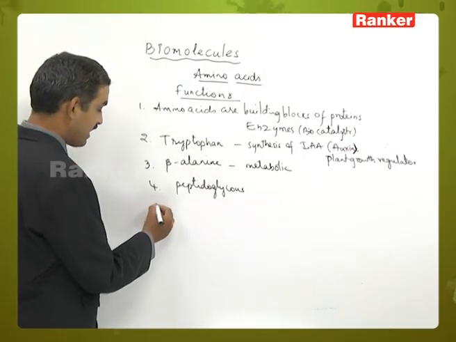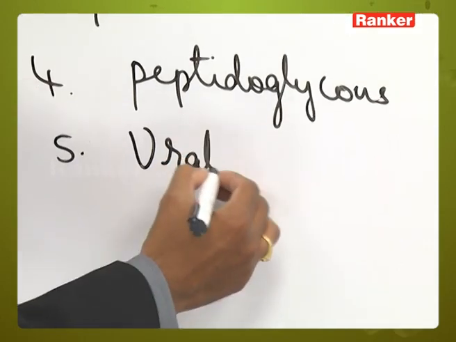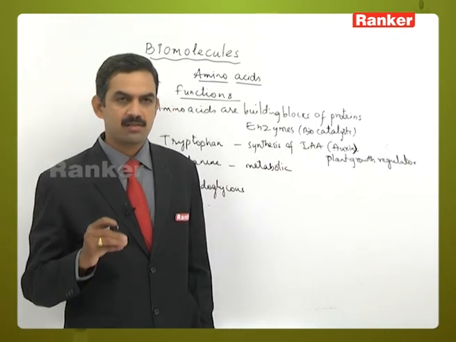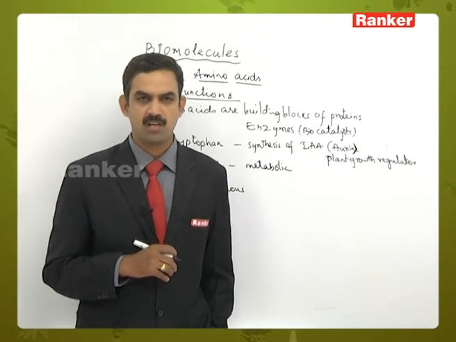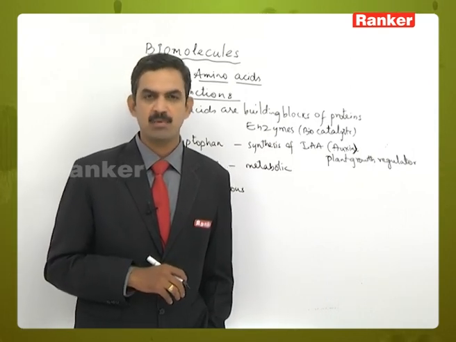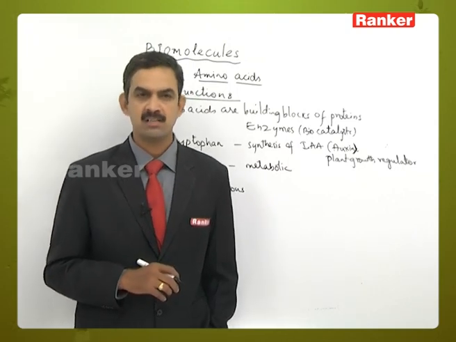In the same way, some of them are required for the urate mechanism. Likewise, many such amino acids play an important role in the various metabolic steps or reactions taking place inside a plant cell and also in an animal cell. So that's the importance of amino acids in a living cell.